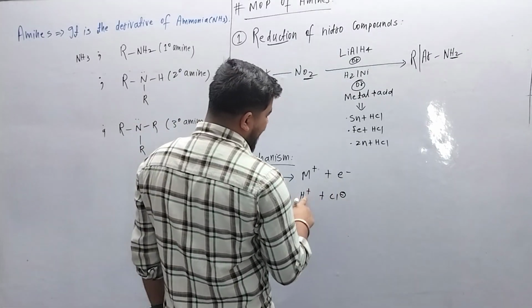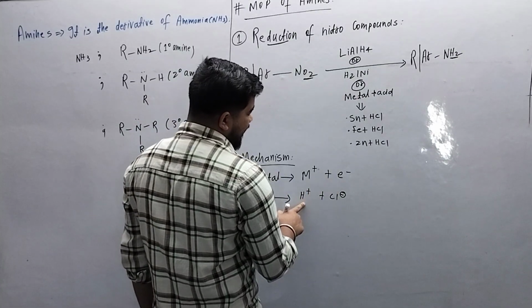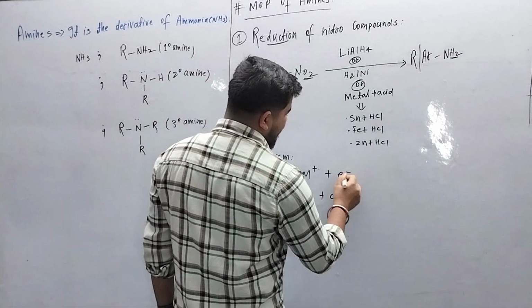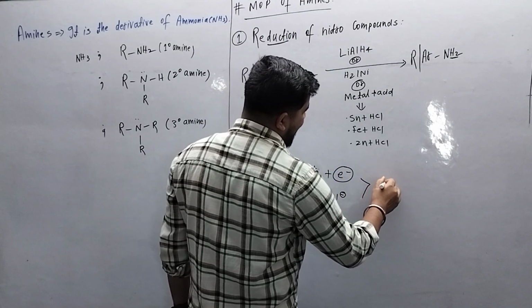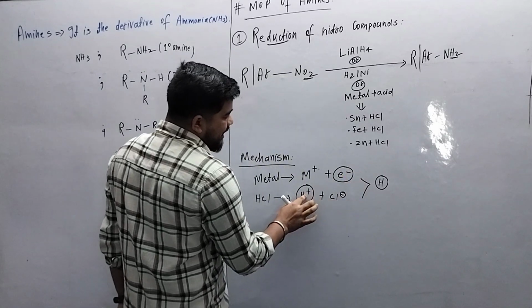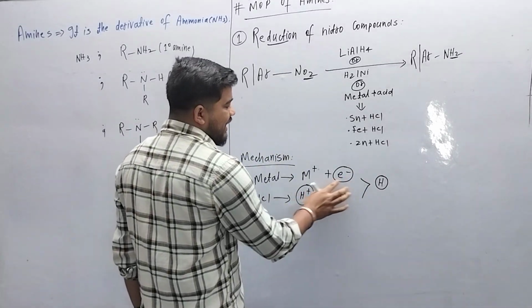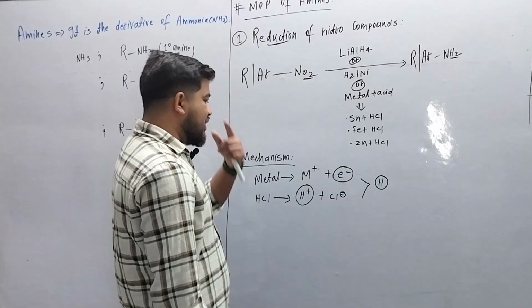H plus takes 1 electron. H plus and electron will form hydrogen.